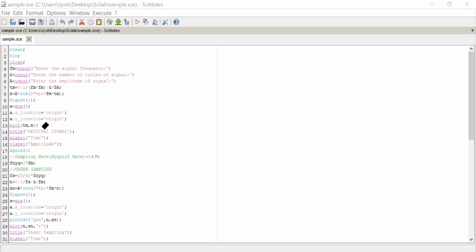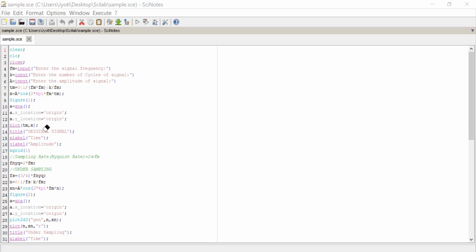Next, plot(Tm, x). Plot means it will continuously give the waveforms. Tm is along the x-axis, whatever the division you have done here, and x, the cosine wave, is along the y-axis. Therefore, it will plot the given cosine waveform.